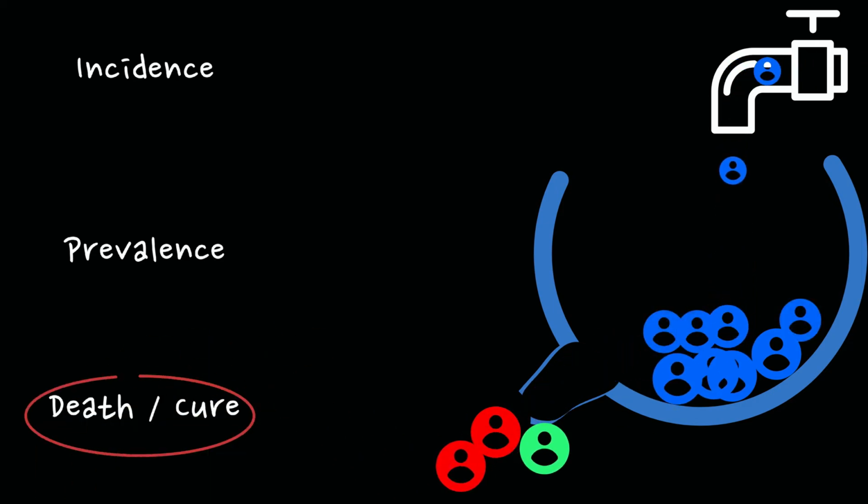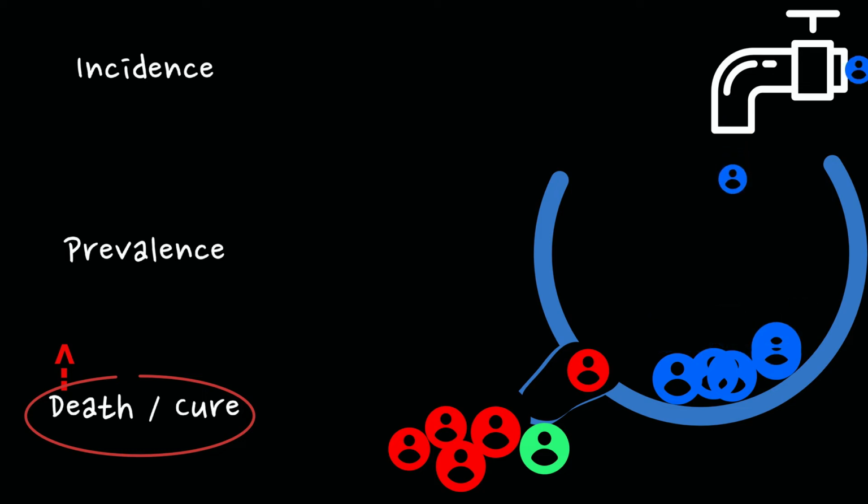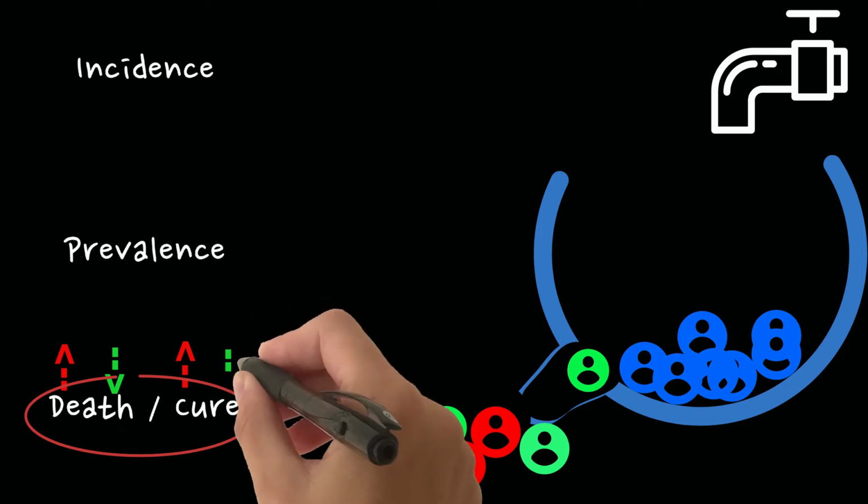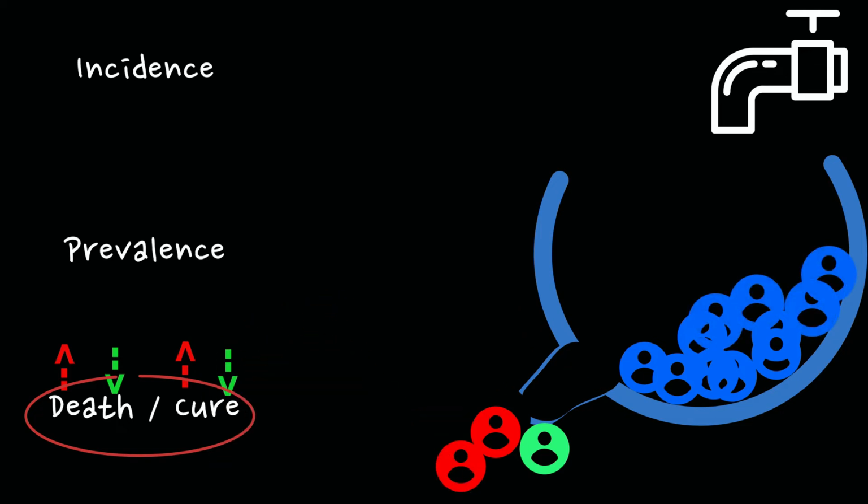This means that if the death goes up, then more people will leave the vessel, and if the death goes down, then more people will stay in the vessel. And the same thing applies for cure. If more people are cured, more people will leave the vessel, and if the cure rate goes down, then more people will stay in the vessel.